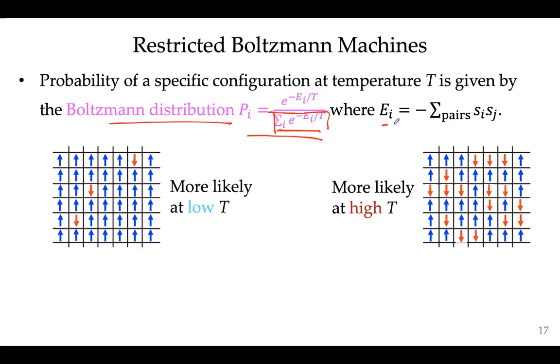You can calculate the energy of a given configuration, for example this one, by multiplying the spin directions, either positive or negative. This configuration is more likely at low temperature because it's magnetized. There's a really tiny amount of randomization; it's almost ordered. And this configuration is more likely at high temperature. And how do you know them? You can calculate them from this Boltzmann distribution.